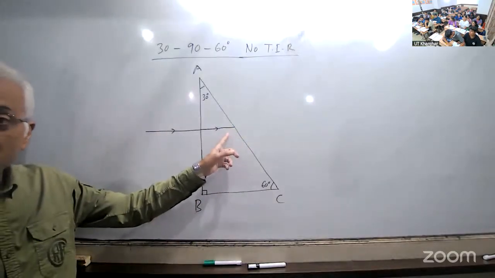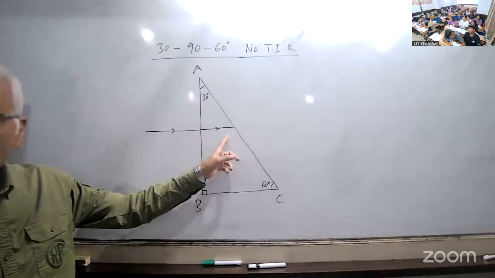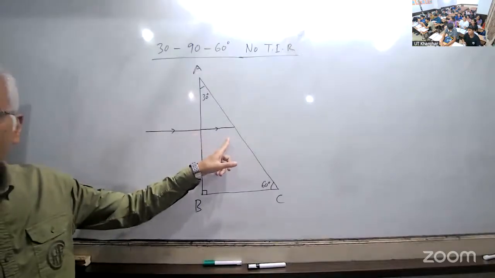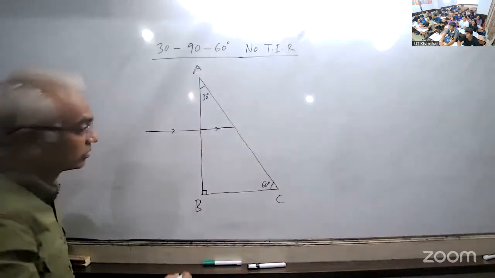What should be the angle of incidence there? 0. Not here, here. 30 degrees.